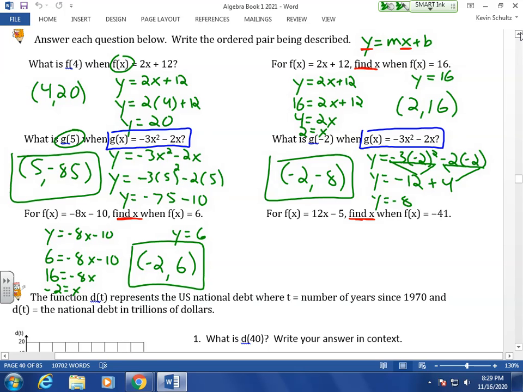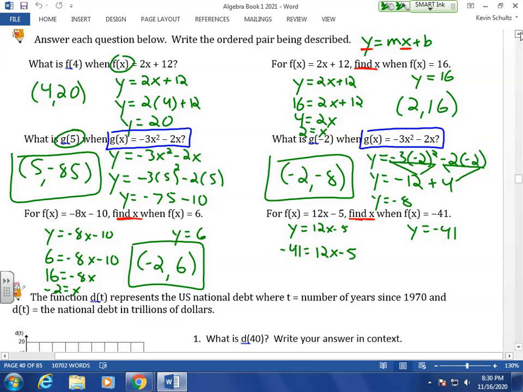So the last one here. For the function 12x minus 5, find x when the function equals negative 41. Or for y equals 12x minus 5, find x when y equals negative 41. Okay? So negative 41 equals 12x minus 5.